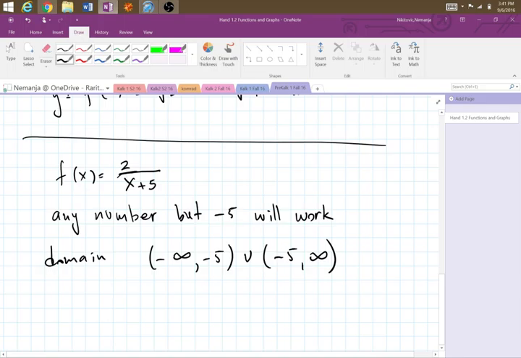This is a way for us to write using the interval notation that all numbers between negative infinity and positive infinity are cool except negative 5. And the only reason to discriminate against negative 5 is because it's going to create 0 in the denominator. And we are allergic to that one. We are allergic to 0 in the denominator.